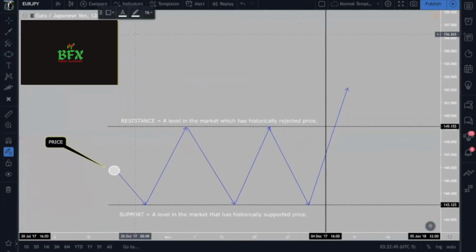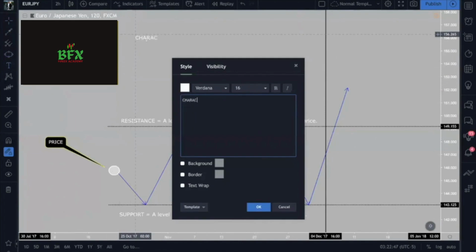So, characteristics of support and resistance. The first thing that you need to understand is that support and resistance are not actually different. They're actually the same. The only difference between a support or resistance is simply where price is.